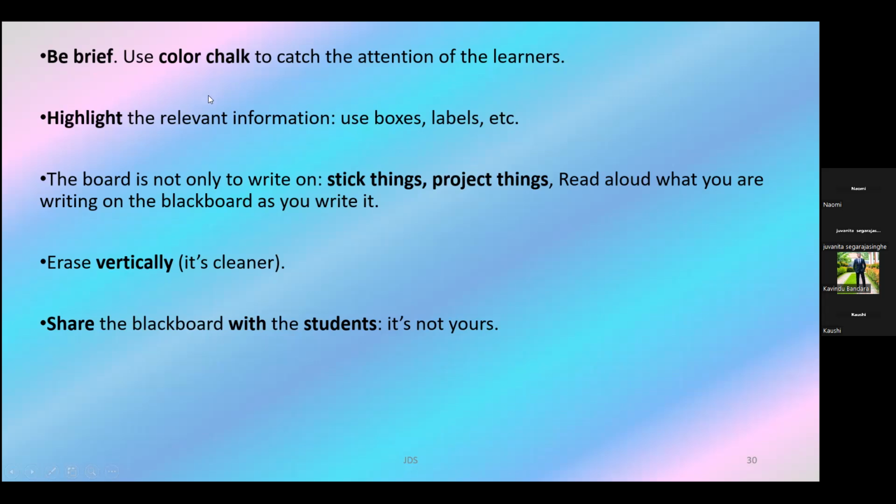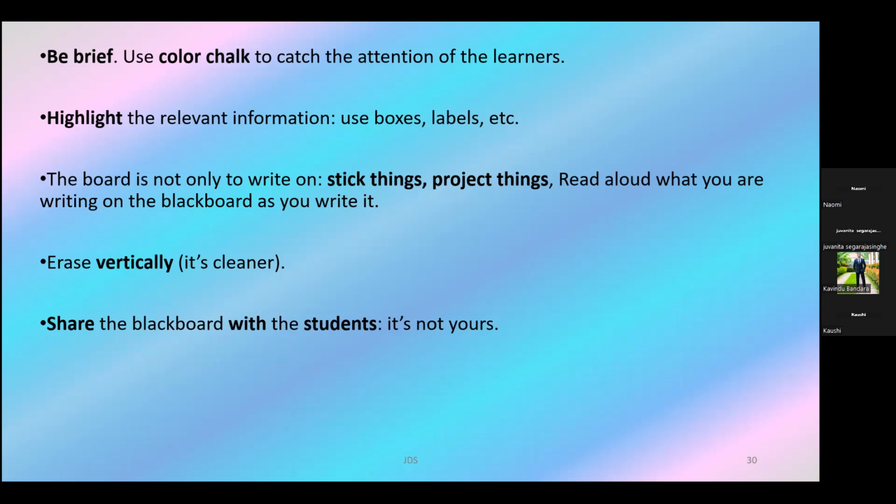Use different color chalk according to the needs or requirements to highlight certain information or maybe to differentiate. Now, if we are teaching parts of speech, to differentiate the conjunctions from prepositions or maybe from another part of speech, you can make use of different color chalks.